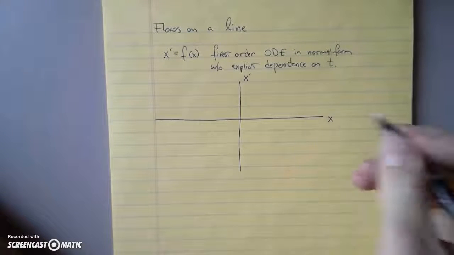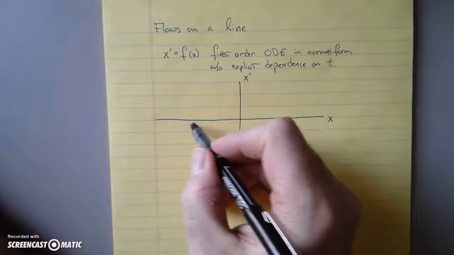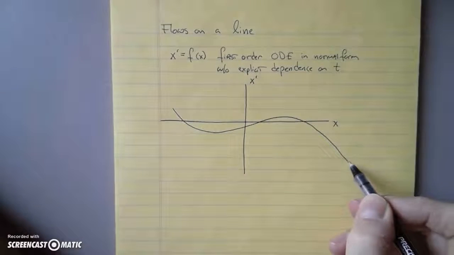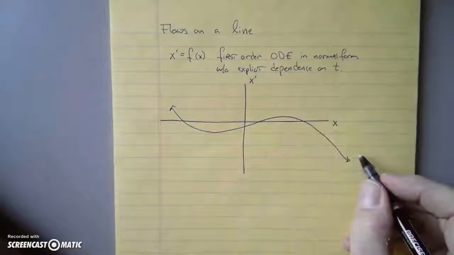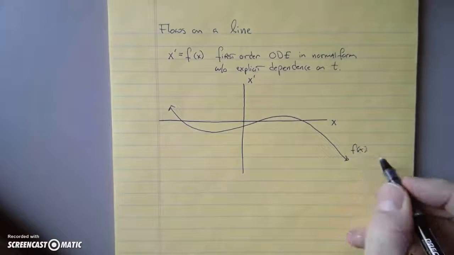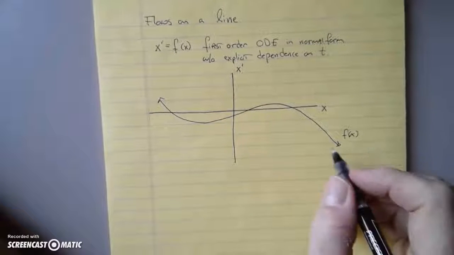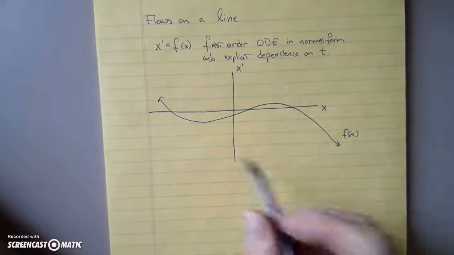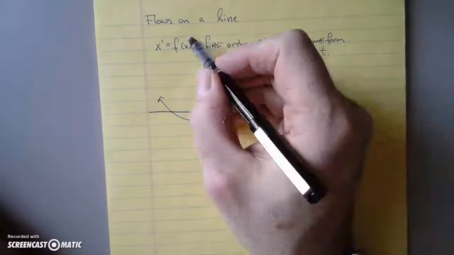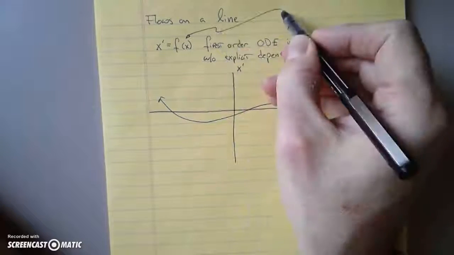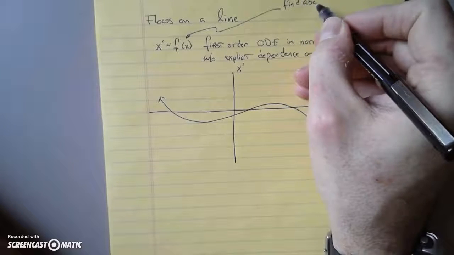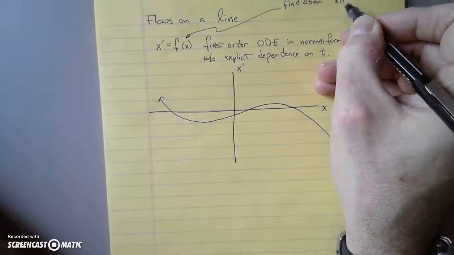So let's suppose that it looks something like this, that this is f of x. What information can we get about the function x from this? Remember, the goal of these differential equations is to find out about x of t.